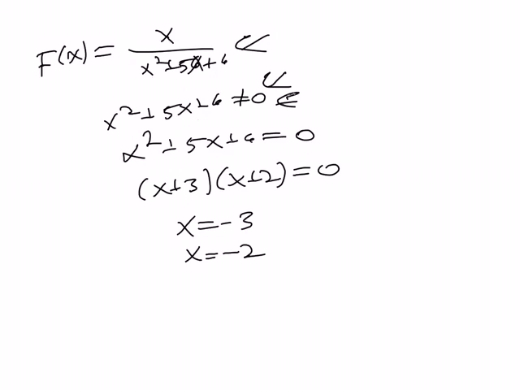In both of these instances, the denominator is equal to 0. And so we cannot make the claim that we made.